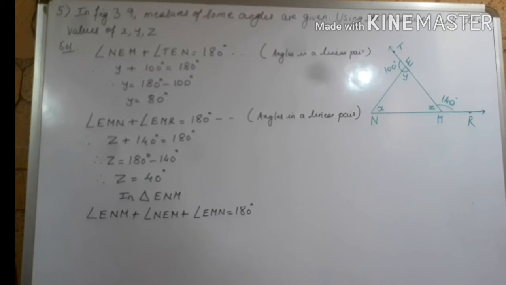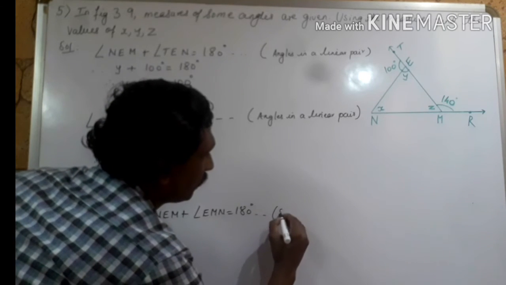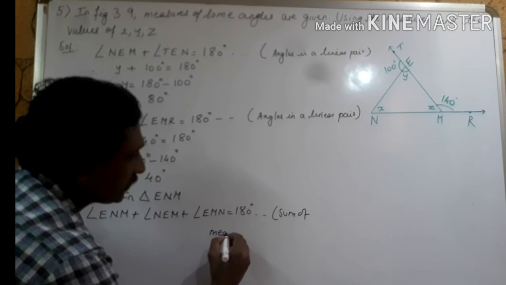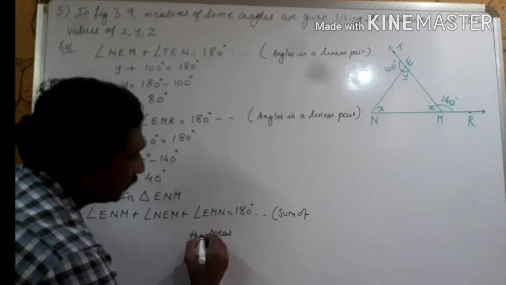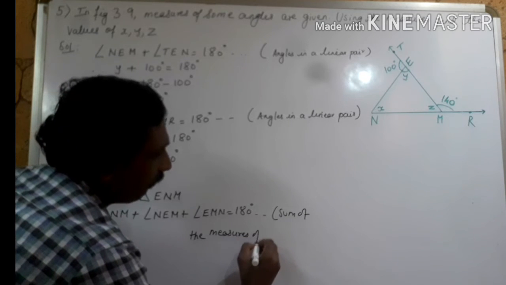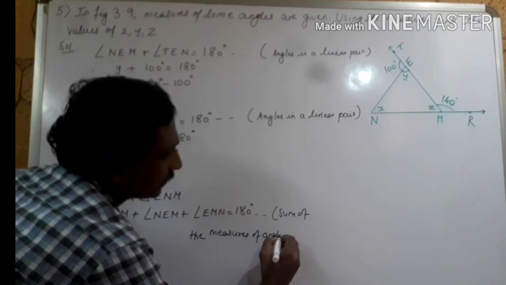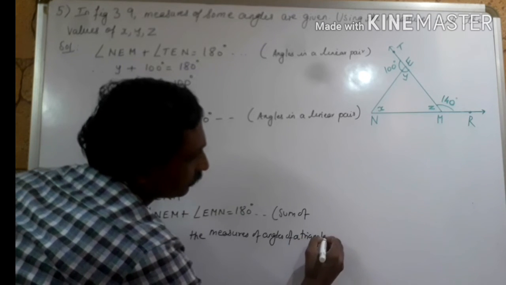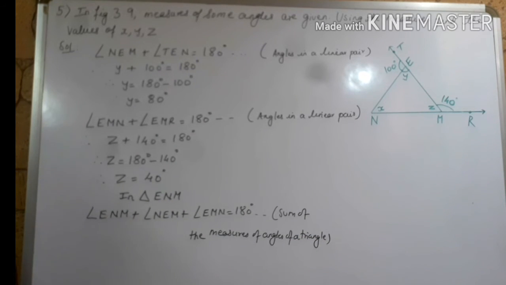And the reason: sum of the measures of the angles of a triangle is equal to 180 degrees.